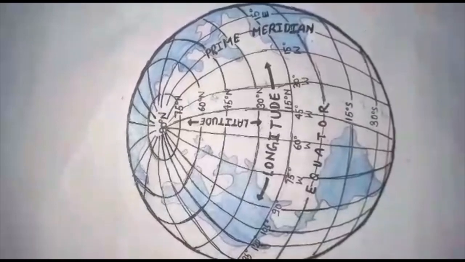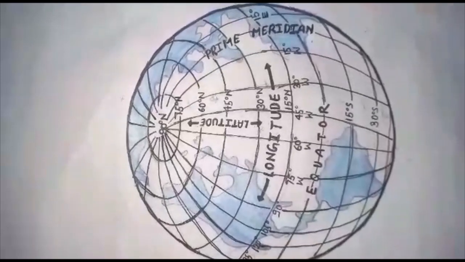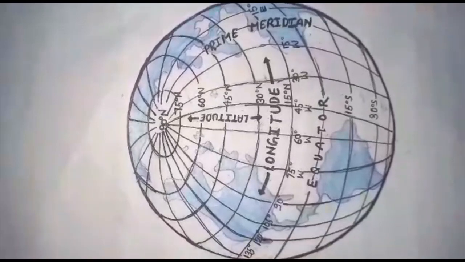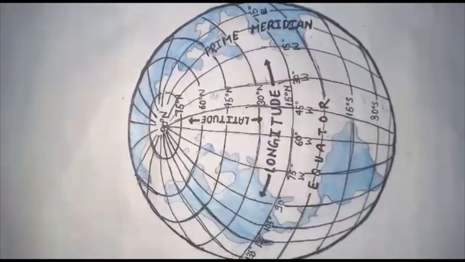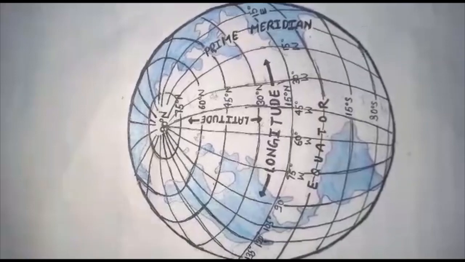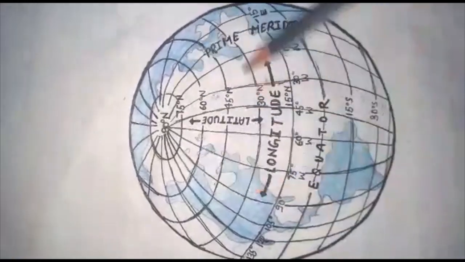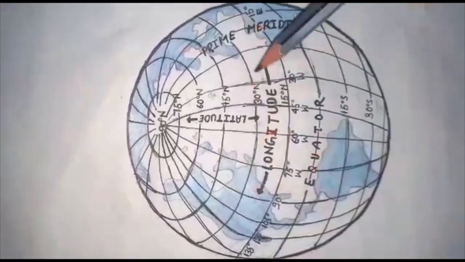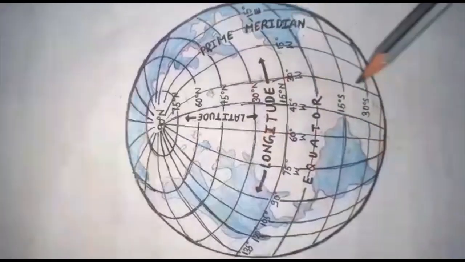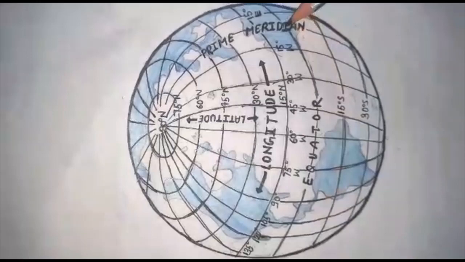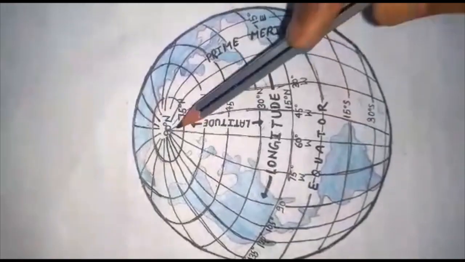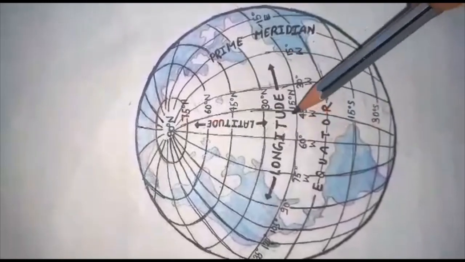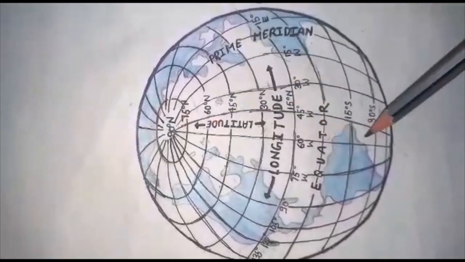Now we will discuss latitudes or parallels. Parallels are also called lines of latitude. They run from east to west and form circles. All the lines of latitude run parallel to the equator. The equator is an imaginary line between the two poles which divides the earth into two equal halves.